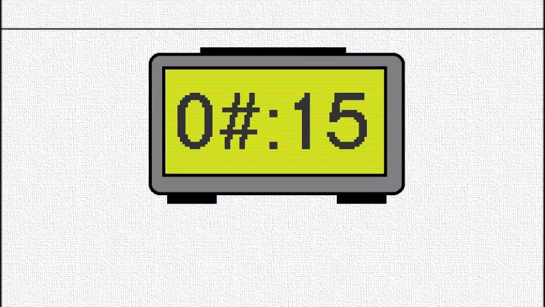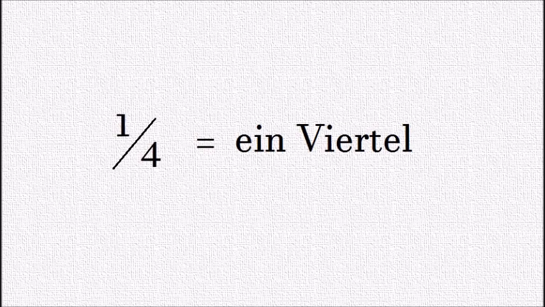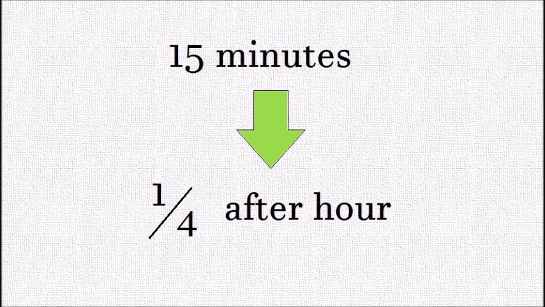The next thing is 15, a quarter of an hour. What is a quarter? It is 1/4, right? Now, if you've seen my tutorial on numbers, you know that 1/4 in German is ein Viertel. We use this noun without the article when reading the time. We say fourth after the hour.